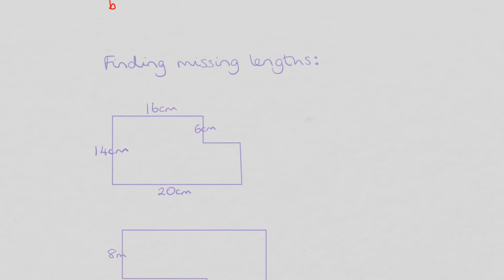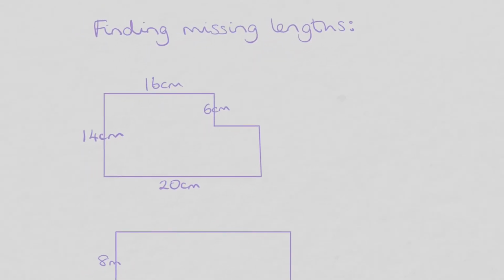Okay, then back to finding missing lengths that we did a little bit when we were doing perimeter, week before last. Remember, it's all about horizontal lines and vertical lines. So for example, to find this missing length here, we need to remember that that line and that line will add up to the same as that line.